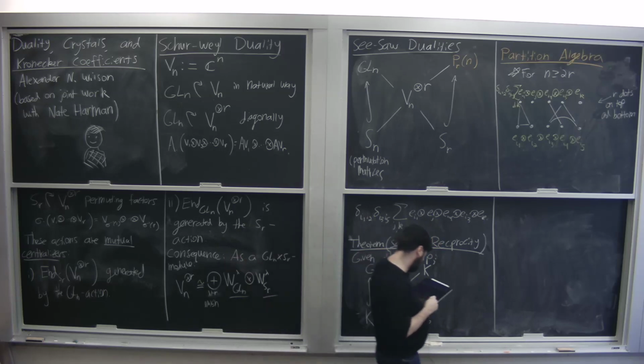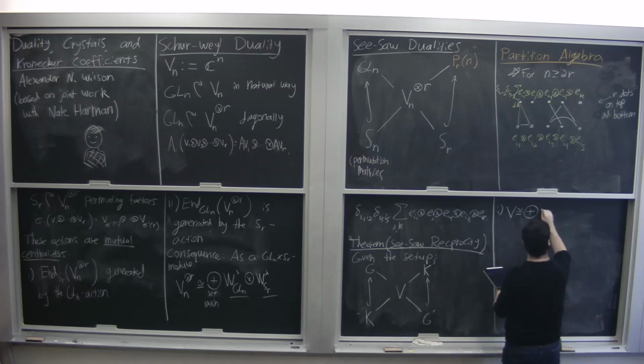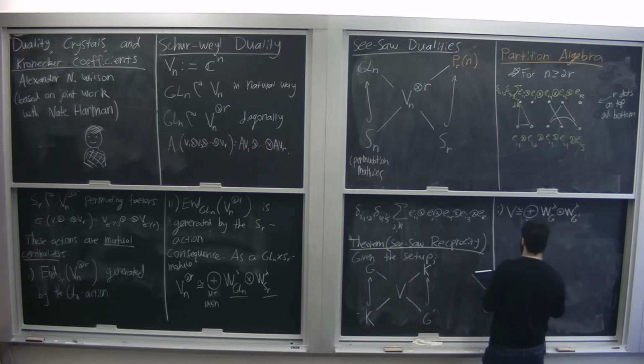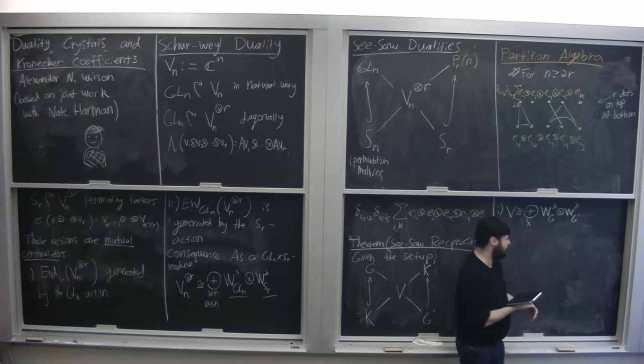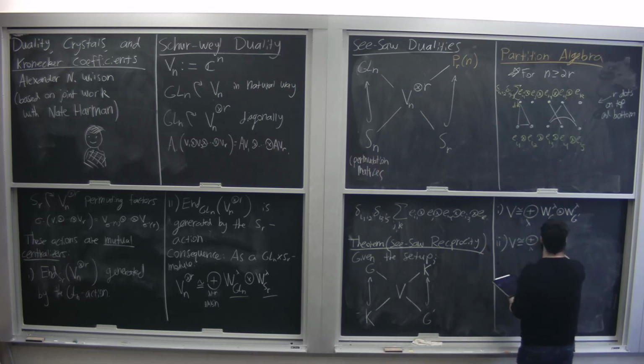So given that setup, we know a few things. One, we know that V decomposes as a G cross G prime module in this multiplicity-free way that pairs up the representations of G and G prime. The same is true for K and K prime.